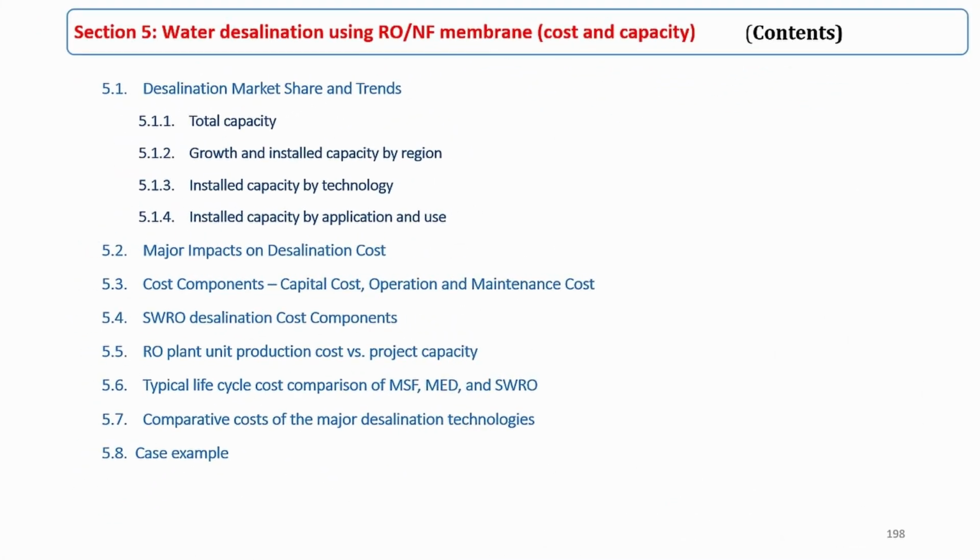In this lecture, at first you will get some information about desalination market capacity, then major impacts on desalination cost, capital and operation and maintenance cost, reverse osmosis plant unit production cost versus project capacity, typical life cycle cost comparison of MSF, MED, and SWRO, comparative cost of the major desalination technologies, and at the end we have a case example.